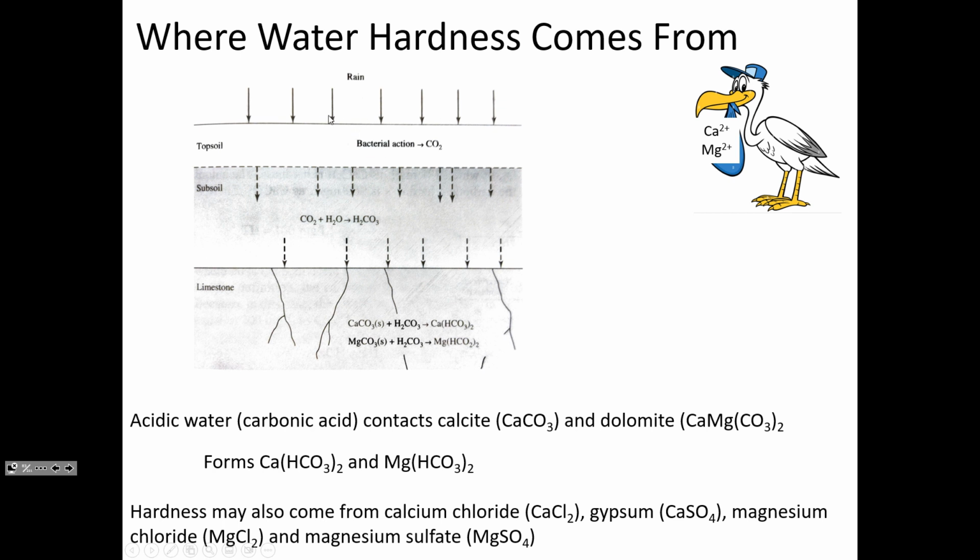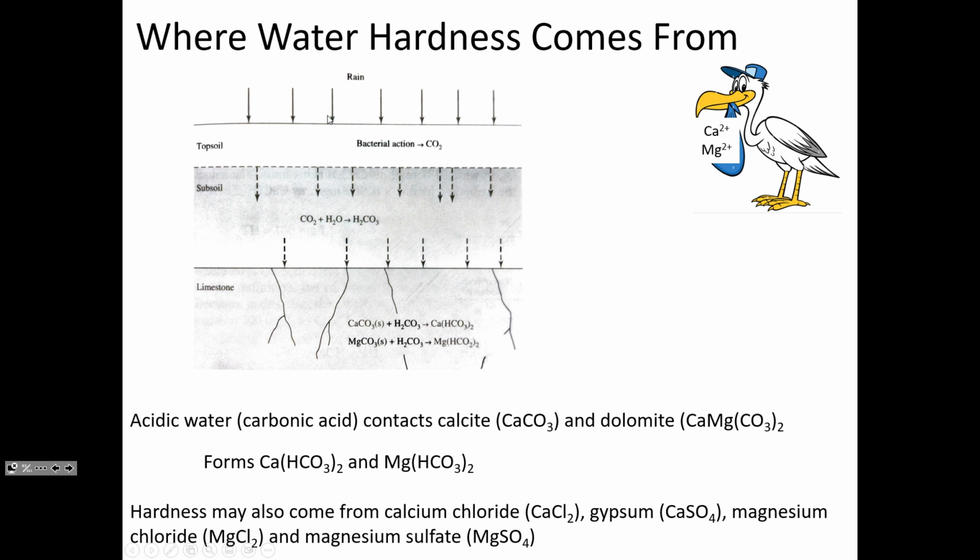And there are bacteria that live in the vadose zone, the region of soil that has both some moisture and some air. And those bacteria generate CO2. You probably remember from chemistry that when CO2 is mixed into water, it forms carbonic acid. And so that's lowering the pH of the water.